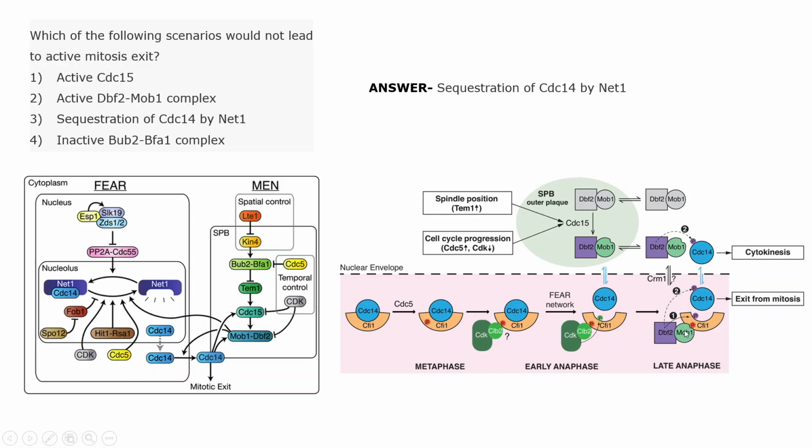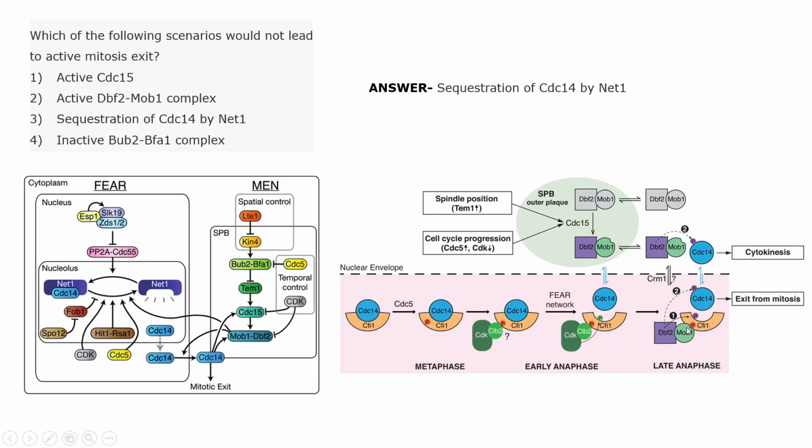Or, if it is another complex, when these two complex amino acids are phosphorylated, the DBF2 or MOB1 complex present within the spindle polar body, which consists of the centrosome and everything, is activated. This moves from the spindle polar body through the cytoplasm to the nucleus and recognizes this CFI1 complex.